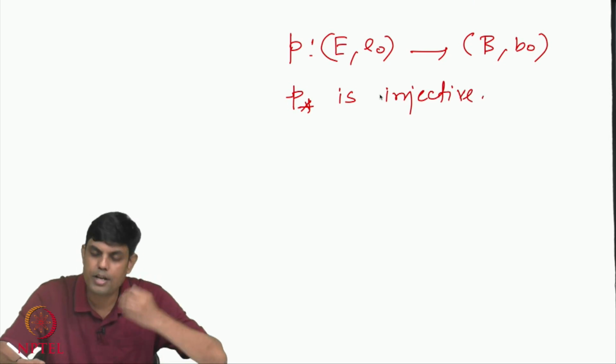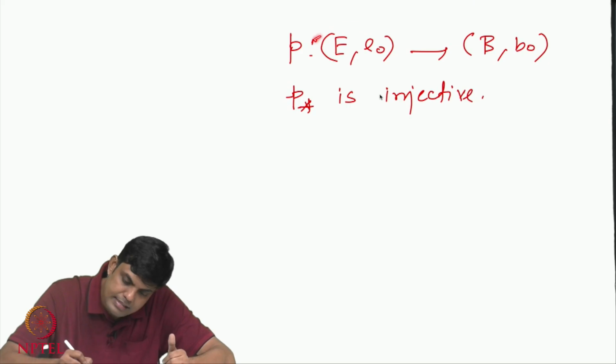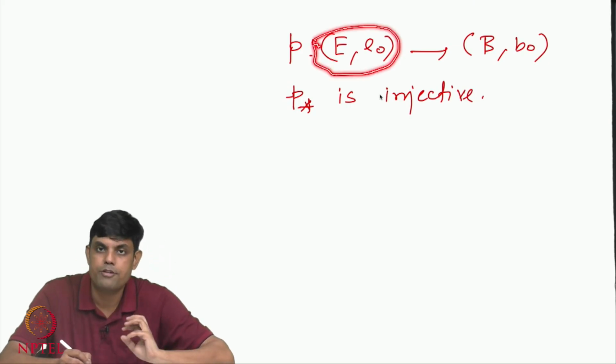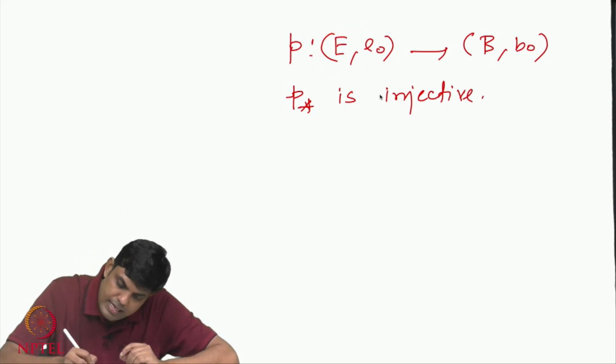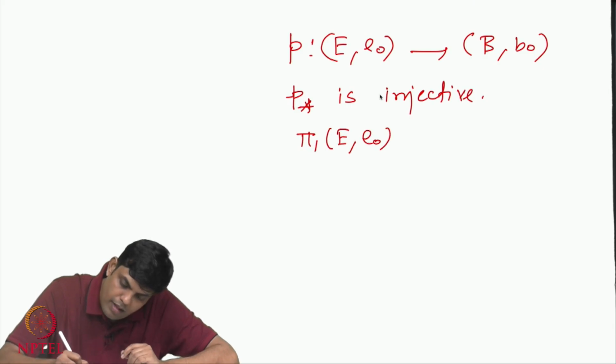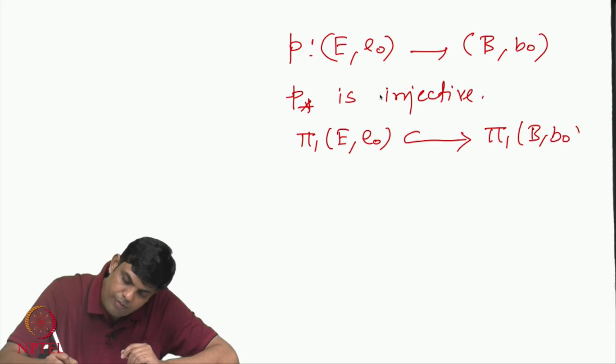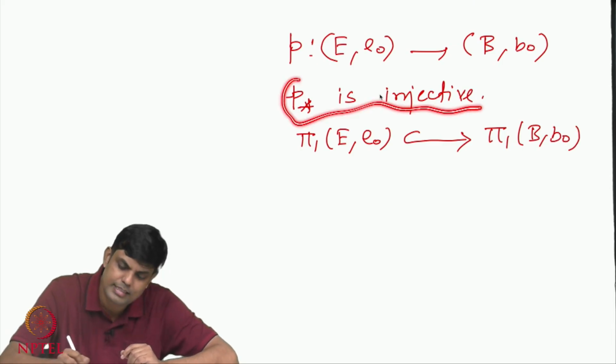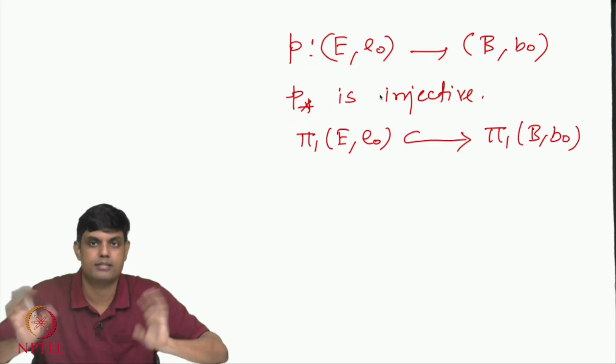So, therefore, the fundamental group of the covering space E0 I can think of as sitting inside the fundamental group of B0 via the map P star. It is injective, so I can consider the image as a subgroup.